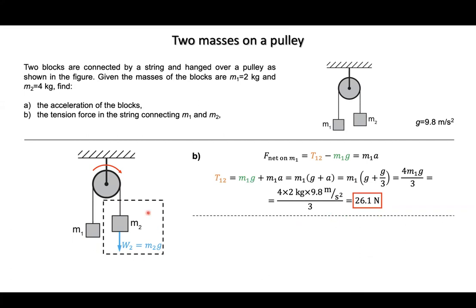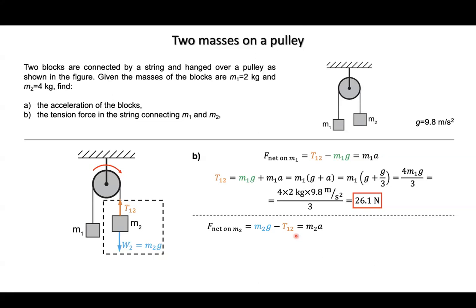Again, what are the net forces acting on mass 2? Well, the net force on mass 2 is going to be the weight of mass 2, which is M2G, in the downward direction or in the direction of the motion, and the tension force, which is going to be opposing this motion. So the net force on mass 2 will be equal to M2G minus the tension force, which equals mass times the acceleration.